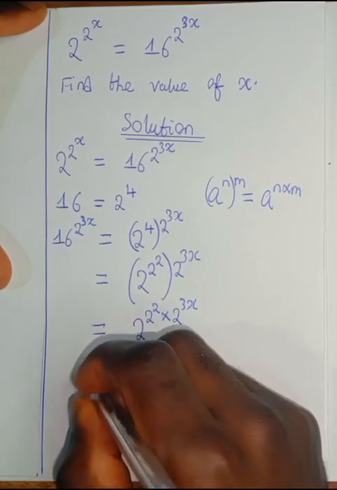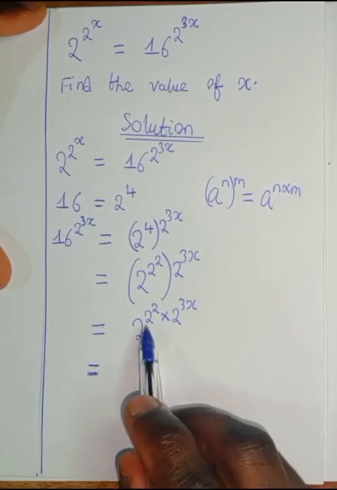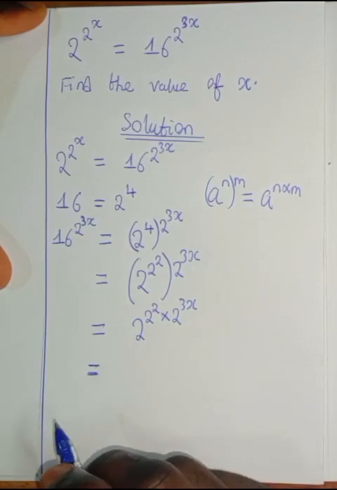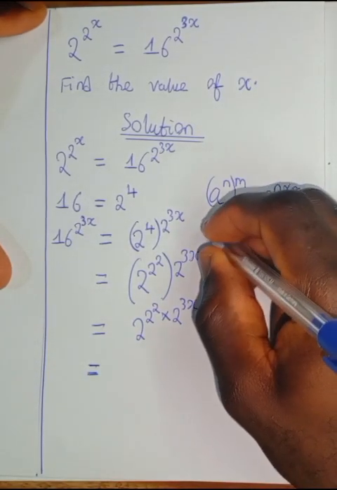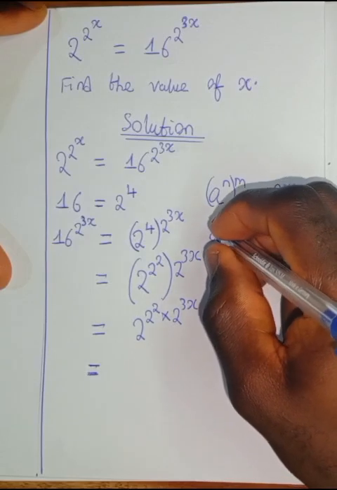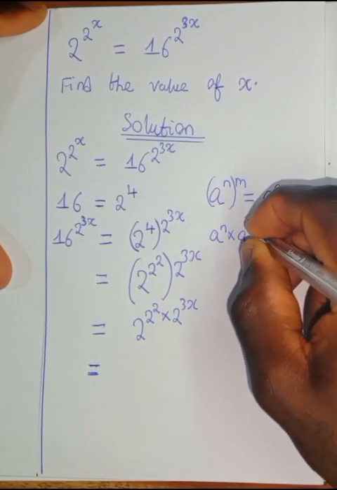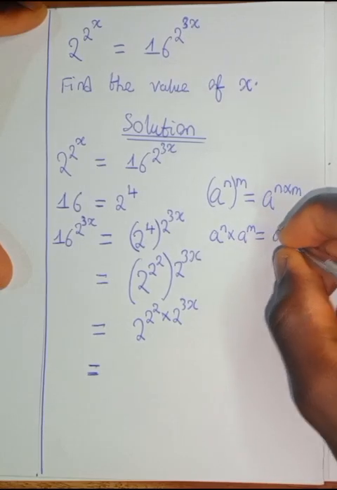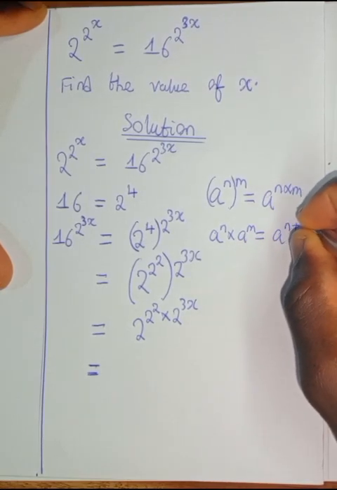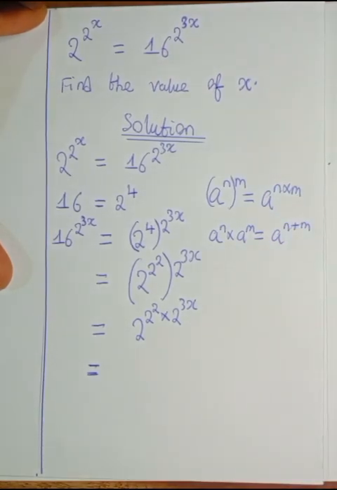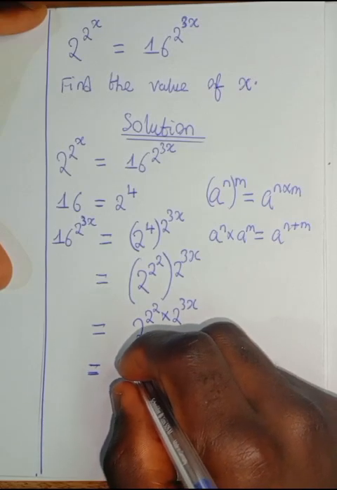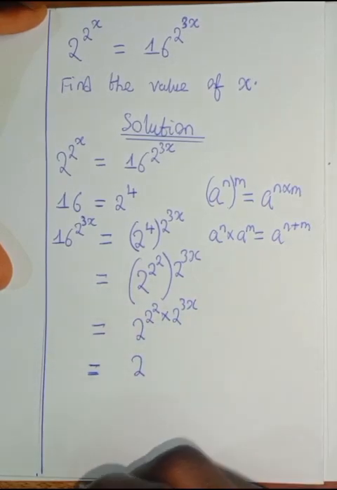This will simply be equal to, for us to multiply the powers here, we are going to apply the first law of indices, which states that a raised to the power m times a raised to the power n is simply equal to a raised to the power m plus n. We are going to add the powers. This will be equal to 2 raised to the power.